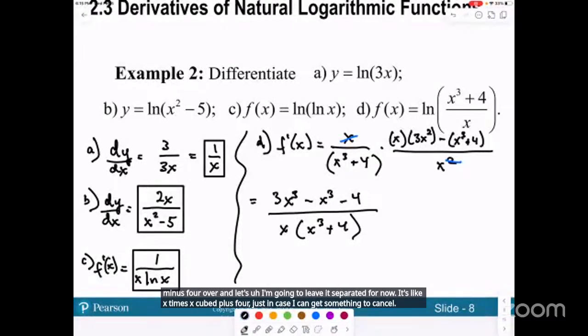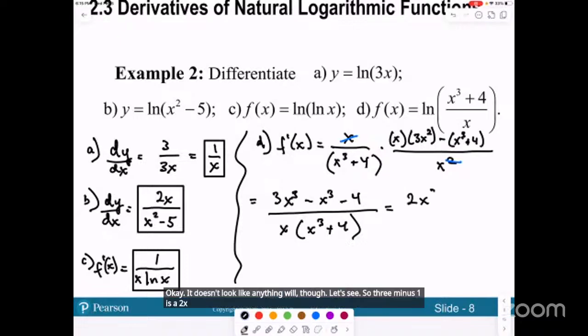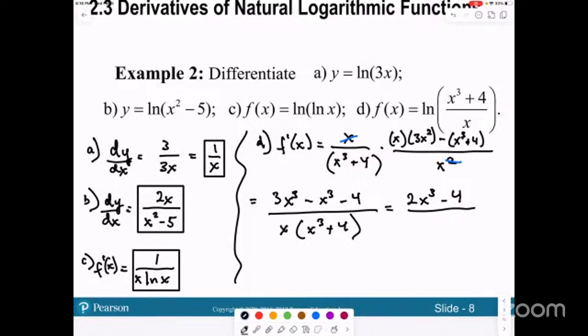It doesn't look like anything will though. So 3 minus 1 is a 2x cubed minus 4 over x times x cubed plus 4. If we factor out a 2, that'll be x cubed minus 2. I don't think I can get anything to cancel there, so I'm going to let this be my final.